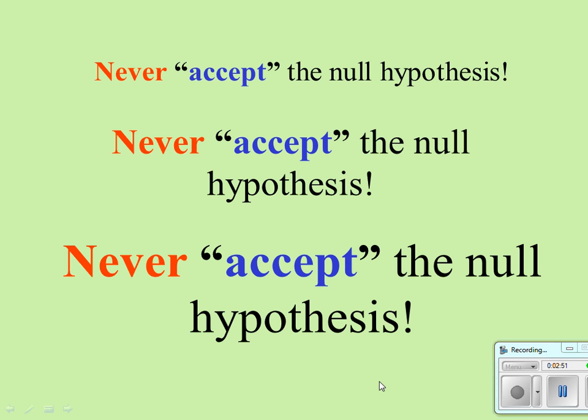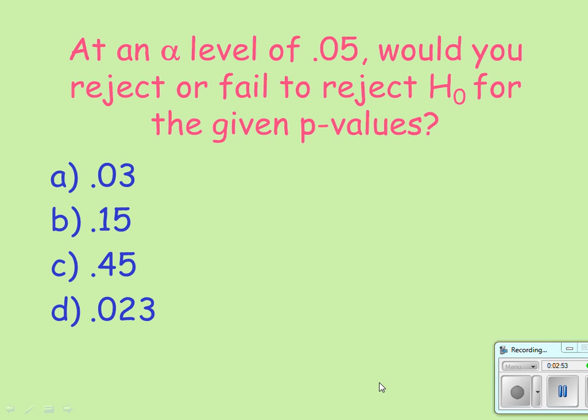That's it. Okay, so let's take a look at p-values for your alpha, and we're going to compare them to 5%, the default. Would you reject or fail to reject your null hypothesis for the given p-values? Letter A says 3%. Since 3% is less than 5%, we would reject.